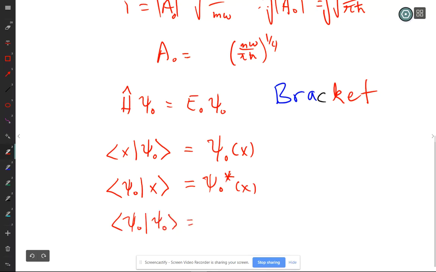What does that mean? Is that sine 1 squared? Yes.